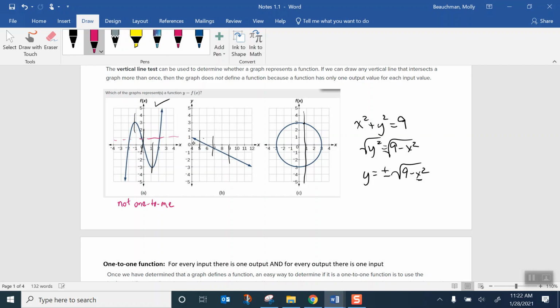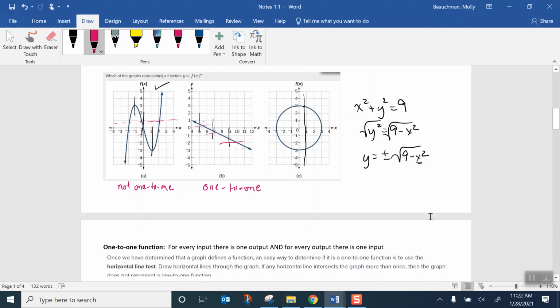The second function does pass the horizontal line test and the vertical, so that is one-to-one. We're going to use one-to-one functions a little bit later when we talk about inverses. Okay, and the circle's not a function at all, so it can't be one-to-one.